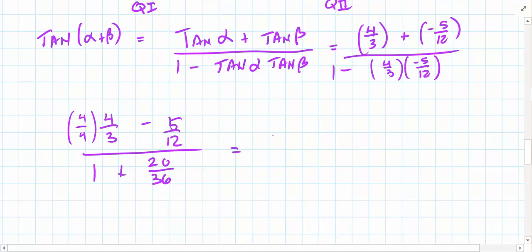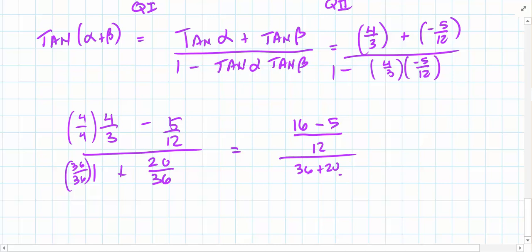So that's going to give you 16 minus 5 all over the common denominator of 12, divided by, I need to change this 1 into 36 over 36, to make a fancy 1 to get a common denominator. So then that would give me 36 plus 20 all over 36. You guys cool with that part? So therefore, what do I have left?